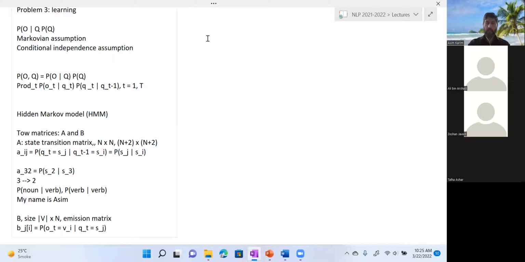This is the emission probability matrix, and this is one value in that matrix. How many possible i's do we have? The vocabulary size. How many possible j's? The number of states, N.